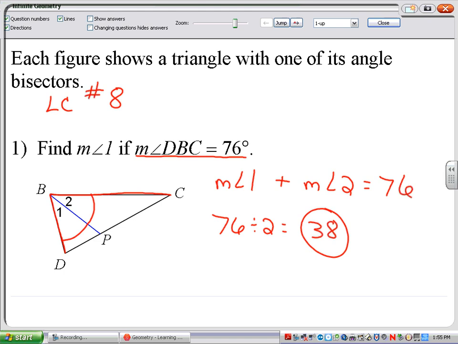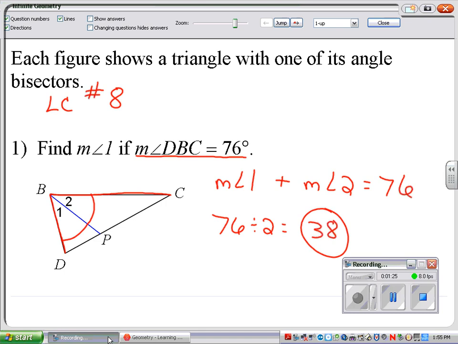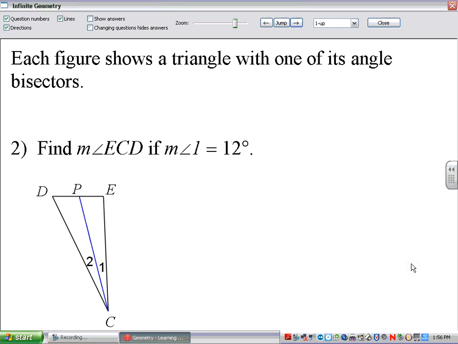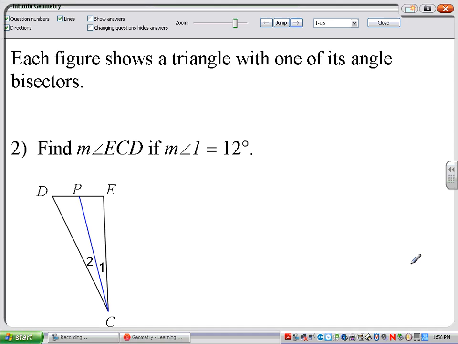Look at the next one. Now number 2, each figure again shows a triangle with one of its angle bisectors. This one says to find the measure of ECD. Well, E to C and then D is the big angle.